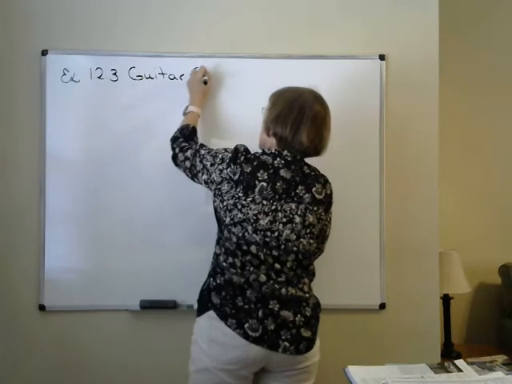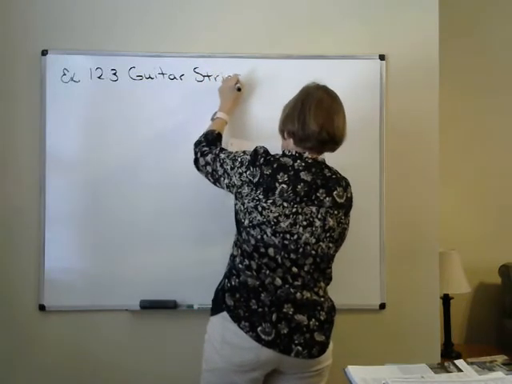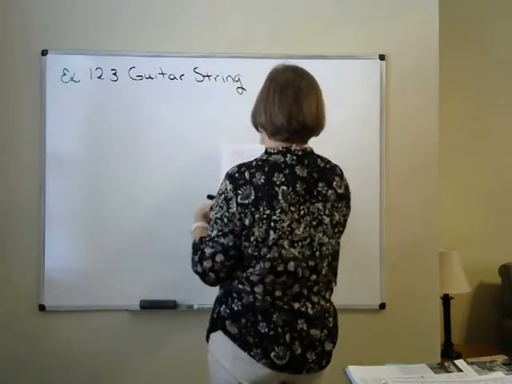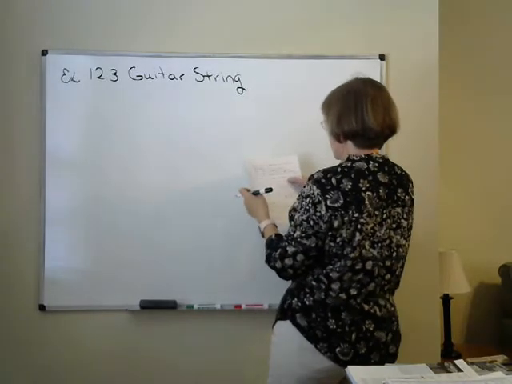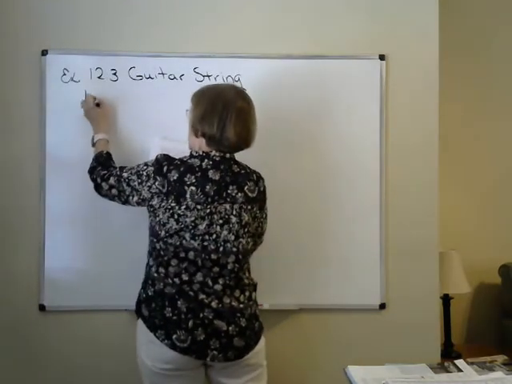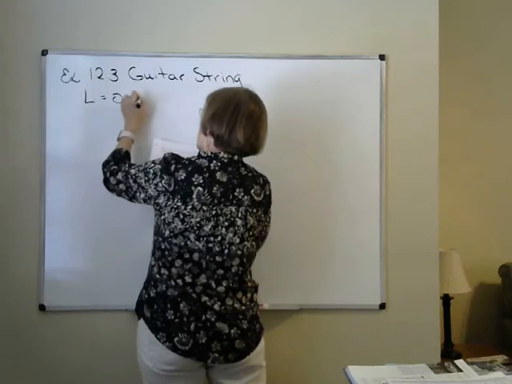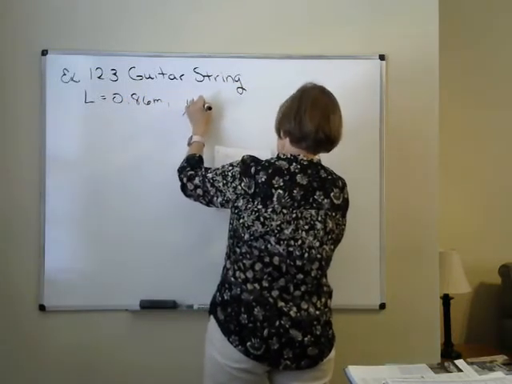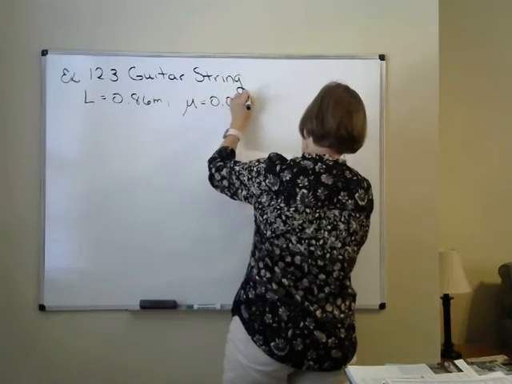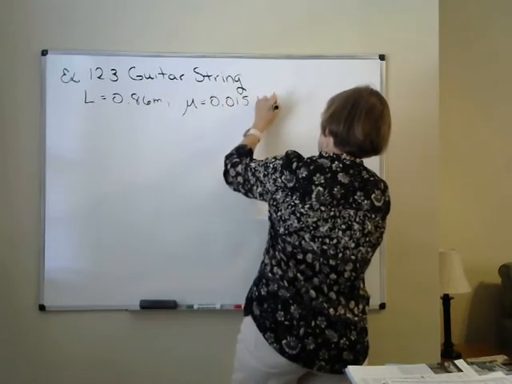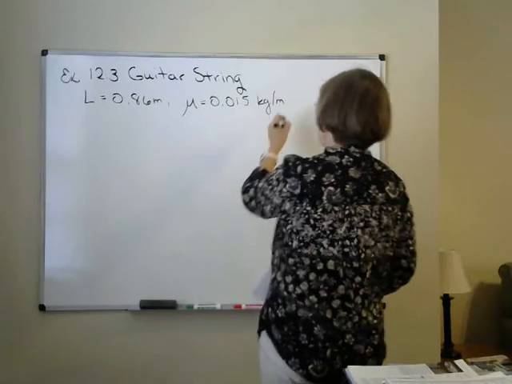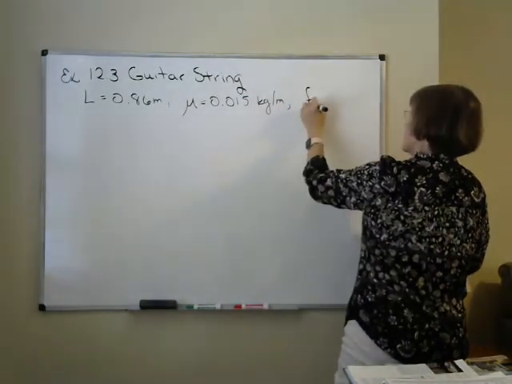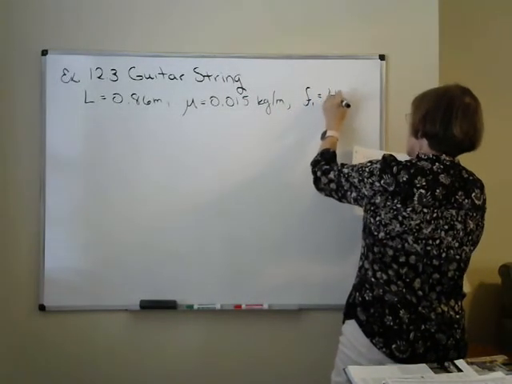I'm not going to write every word because you can look at it in your book, but they tell us that this guitar string has a length of 0.86 meters. It has a mass per unit length of 0.015 kilograms per meter, and it has a fundamental frequency when you pluck it of 41 hertz.